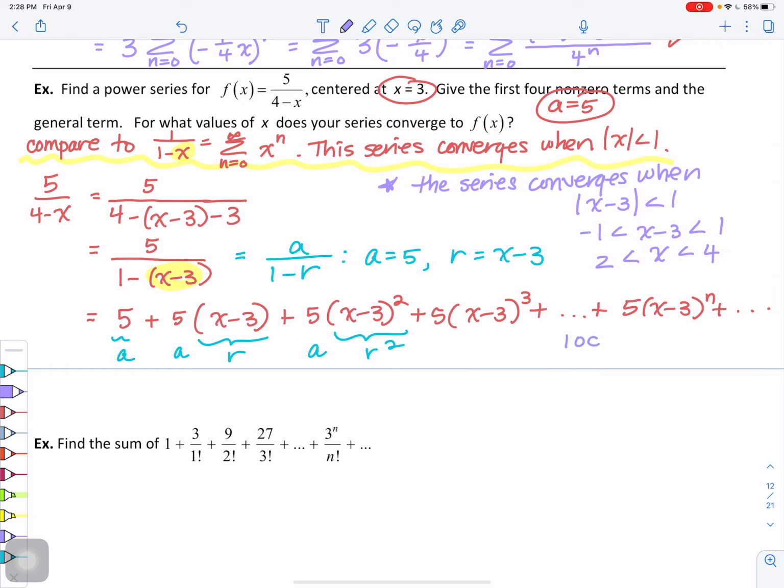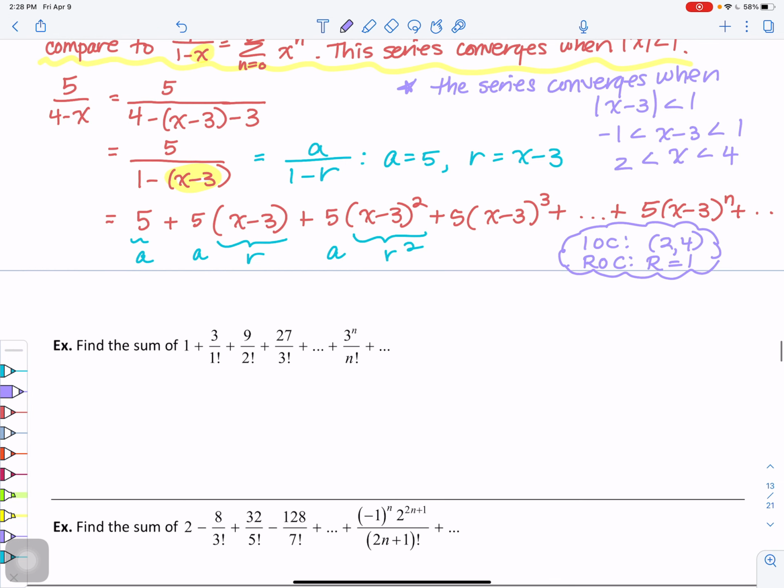So our interval of convergence is 2 to 4, and our radius is 1. Okay, now we don't check endpoints on a geometric series because we only converge when we are less than, okay? So it does not say less than or equal to. So it's super important. That's why we don't check endpoints.